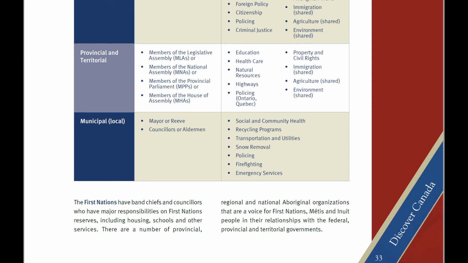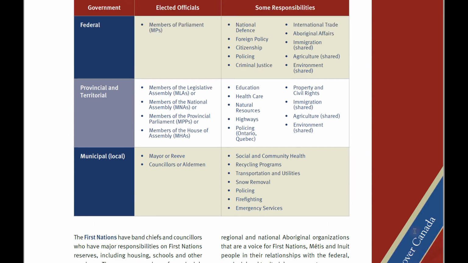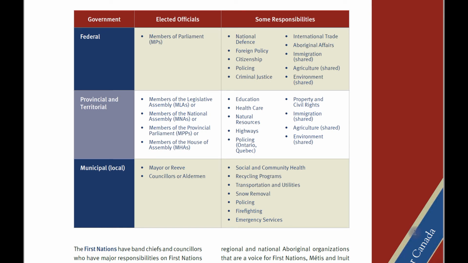Some responsibilities at this level of government include national defense, foreign policy, citizenship, policing, international trade, criminal justice, Aboriginal affairs, immigration, agriculture, and environment. Of these examples, immigration, agriculture, and the environment are shared responsibilities with the provincial or territorial level of government.